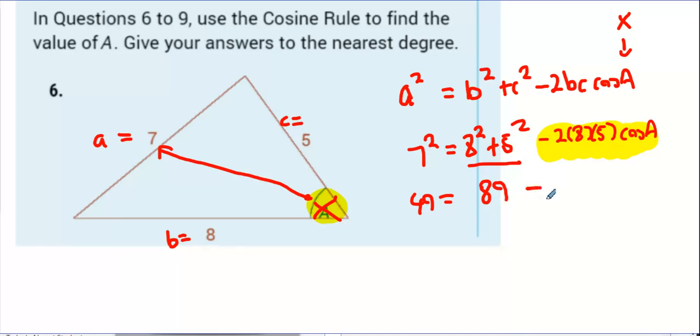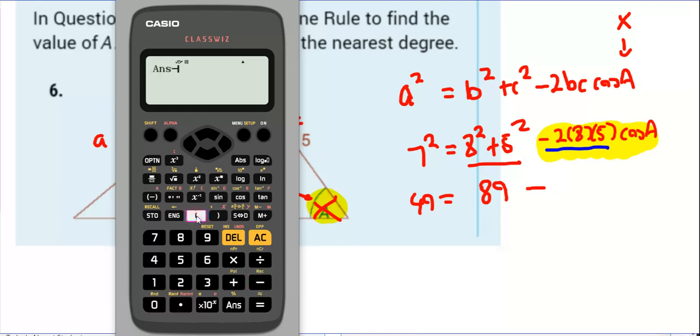Right. Now, do you see the part I could put into the calculator? It would be this little part here, wouldn't it? Minus 2 by 8 by 5. I'll do that. Okay. Minus 80.